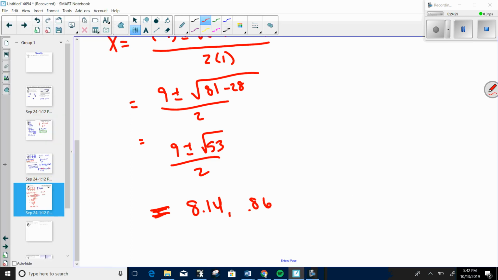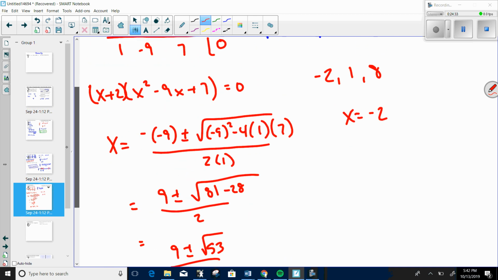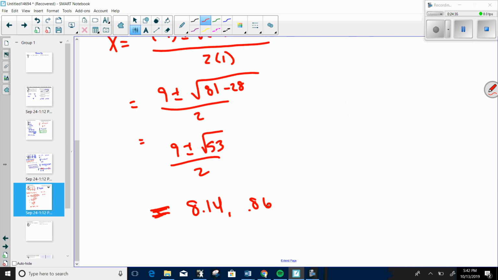Now notice, we said positive 1 and 8. Notice 0.86 is really close to 1 and 8.14 is really close to 8. What's happening is on the graph you can see what it's close to, but you can't actually come up with those numbers. And what some of you are going to do is say, well, I can come up with those decimals. I want this answer right here.